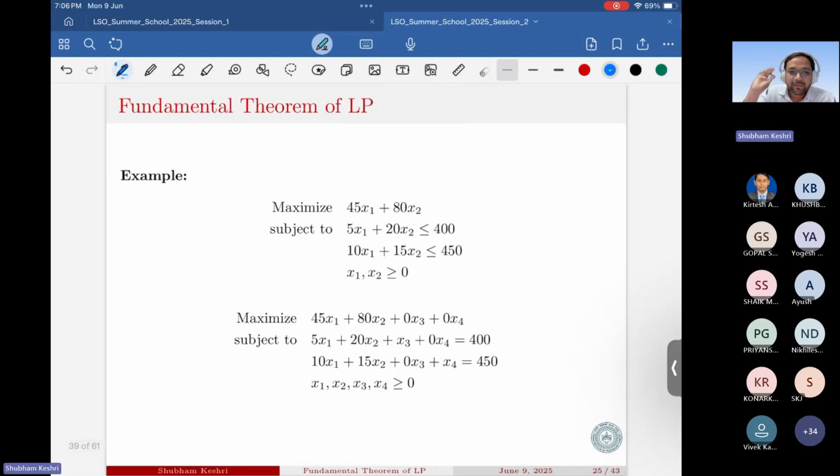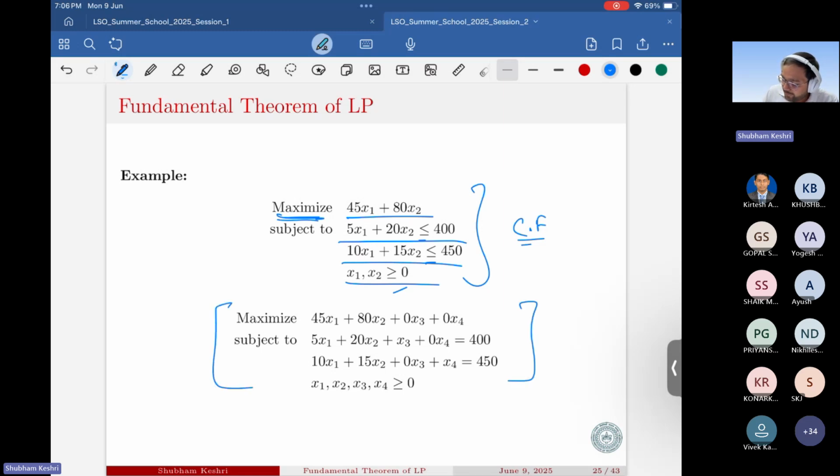So I will take one example of a two variable LP and I will show how to find basic feasible solutions of that LP. This is a maximization LP. These are the two constraints and this is in canonical form. You see, less than or equal to type, greater than or equal to type, maximization type. Now I have converted it into standard form. I have added slack variables. Instead of S, I have written x3, x4, doesn't matter.